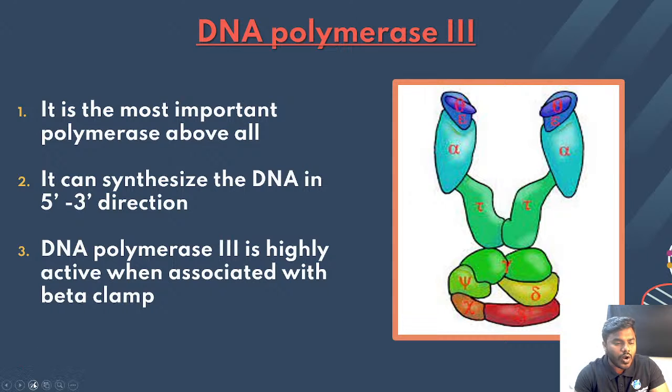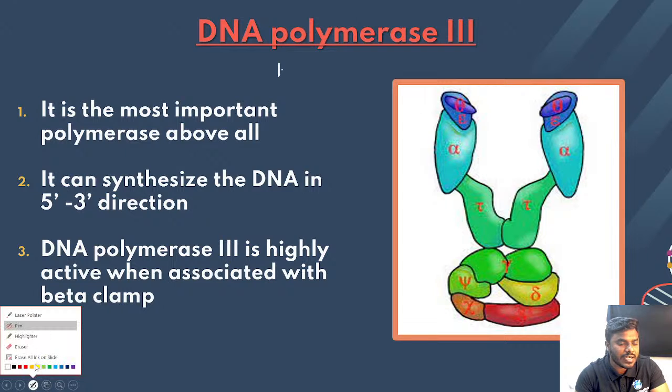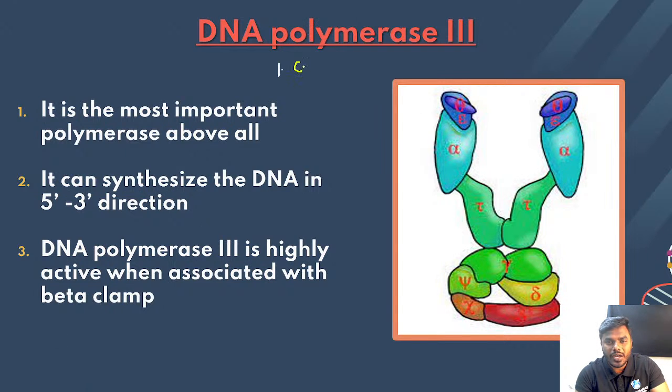When only the core enzyme is present, everyone listen, friends. Only core enzyme: alpha, epsilon, theta. Listen, my friends. Now core enzyme plus tau dimer associated, you know what you call it?